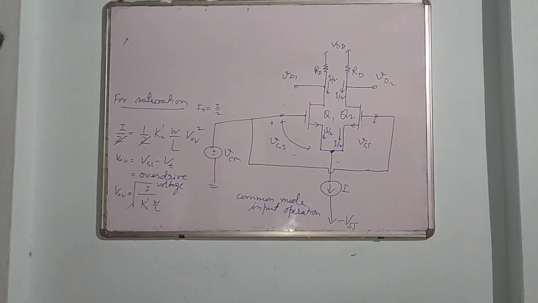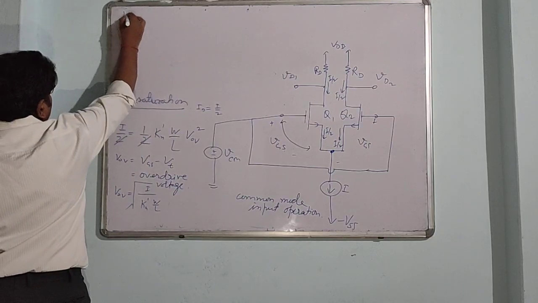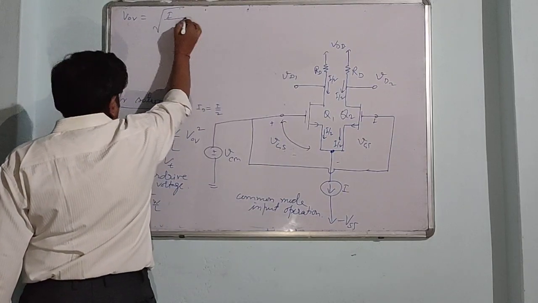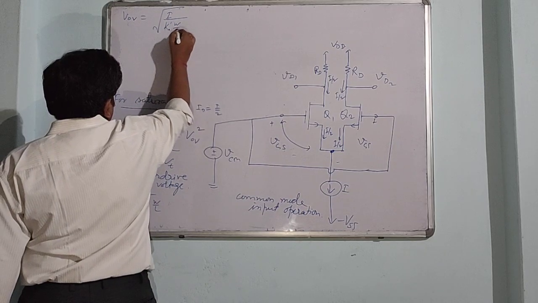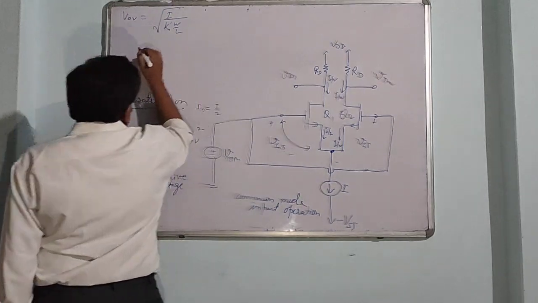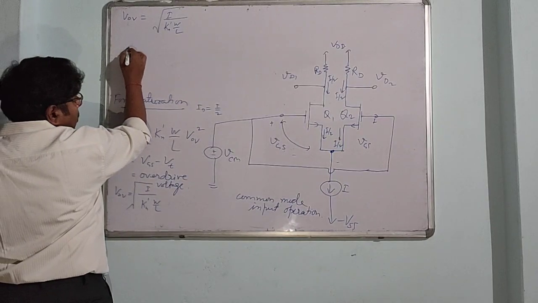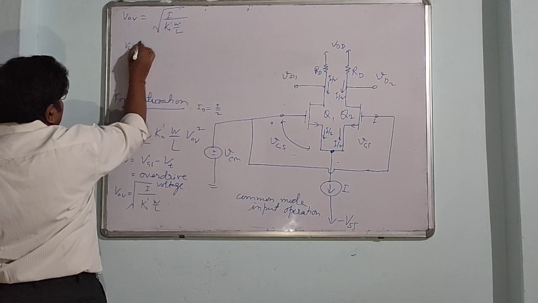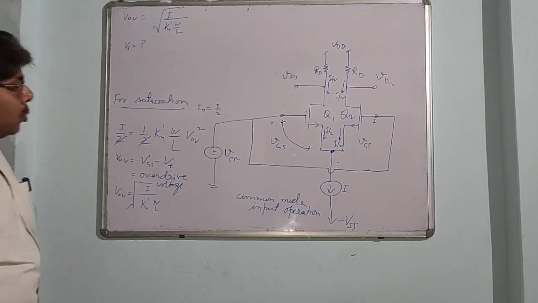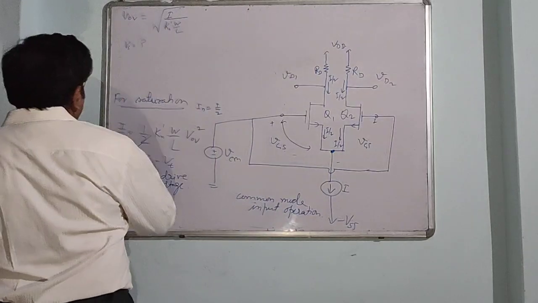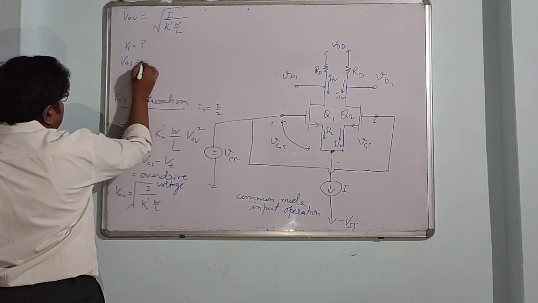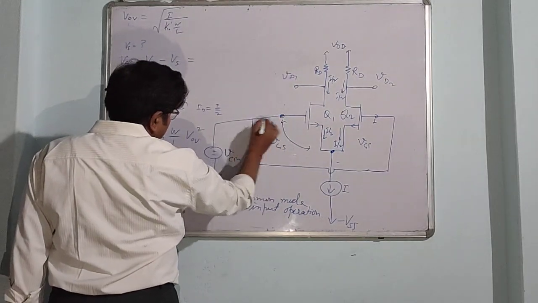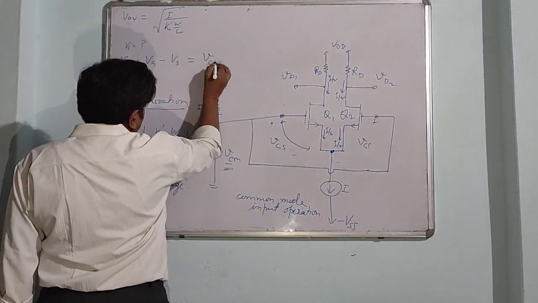The first thing is the overdrive voltage, VOV, given by the square root of I divided by Kn dash W upon L. Now the calculation for VS: to calculate this, we can use VGS equals VG minus VS, and the gate voltage is the applied common mode signal VCM.